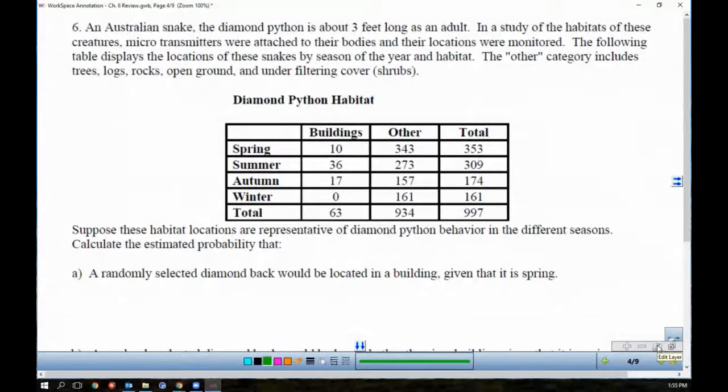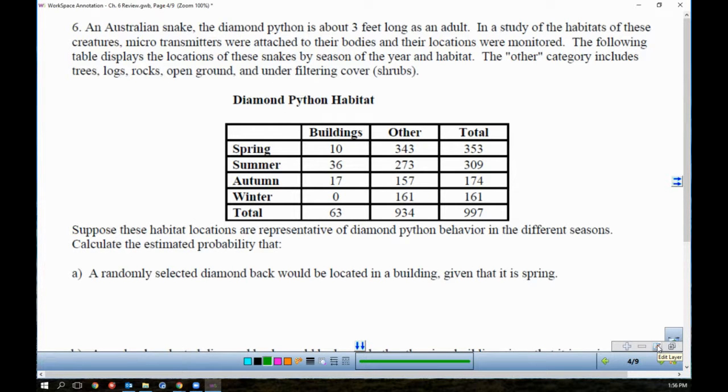So, they give us all this nice information about some Australian diamond python. Now they give us 2 habitats in buildings, which would not be a good habitat. I do not want a snake in the same building I'm in. Right. And then other.